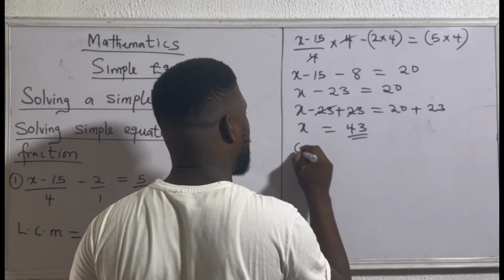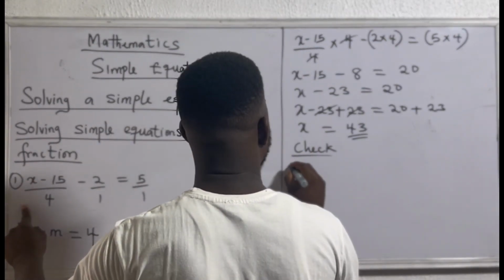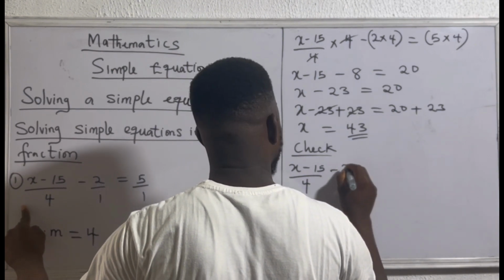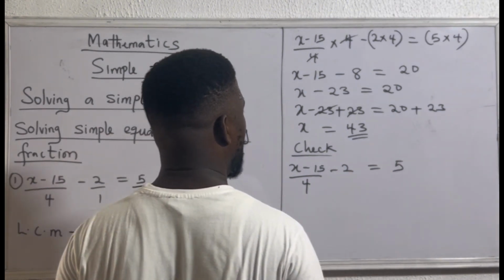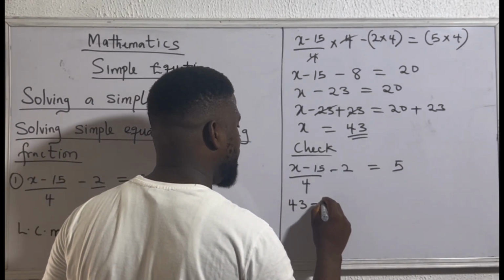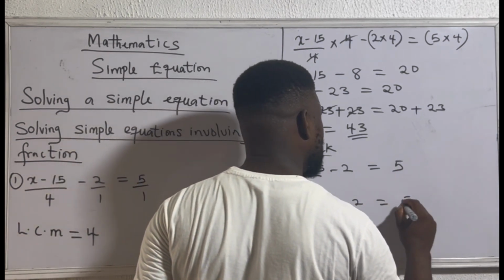Now, always remember to check, right? On the left hand side, we have x minus 15 over 4 minus 2 equal what? 5. All right, so where x is 43, it means 43 minus 15 over 4 minus 2 equal what? 5.